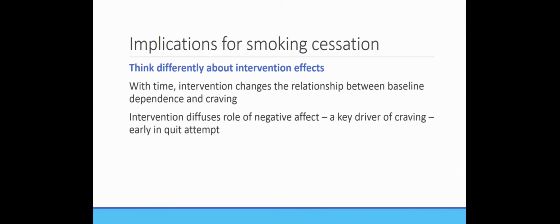It doesn't just reduce the outcome, but it might change key relationships over time. In this case, we see that the intervention defused the role of negative affect, a key driver of craving, very early in the quit attempt. It was only an active effect for about 2 days, but those 2 days could be crucial for individuals to get over the hump in their quitting attempt.